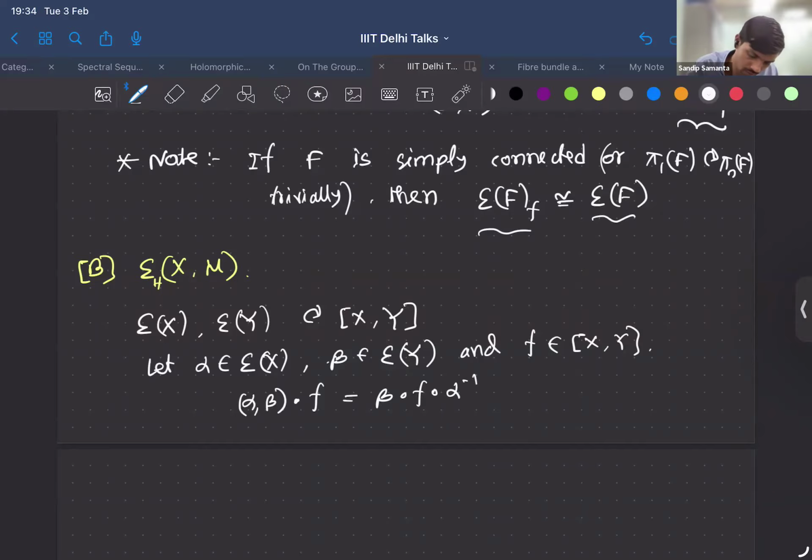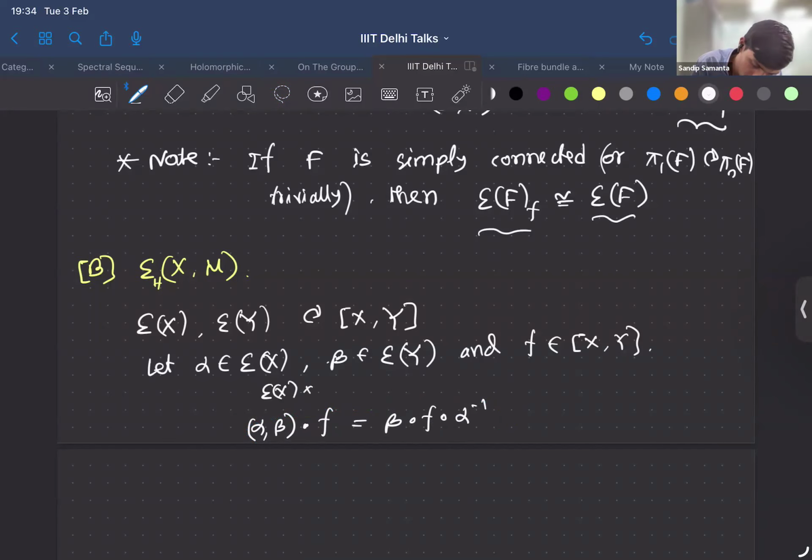So the action is defined by epsilon X cross epsilon Y acting on the set of homotopy classes of maps from X to Y. Alpha is an element of epsilon X, and we take its inverse map.